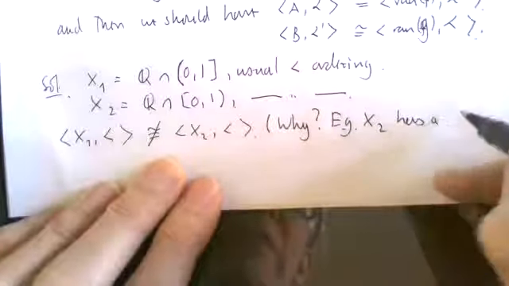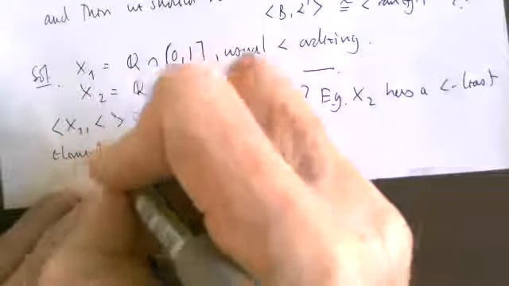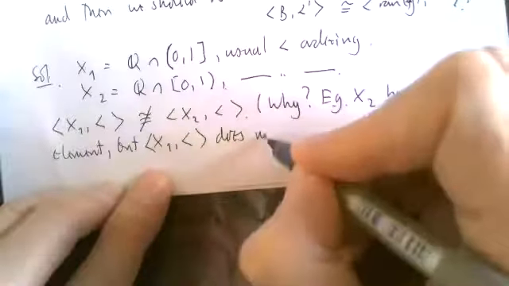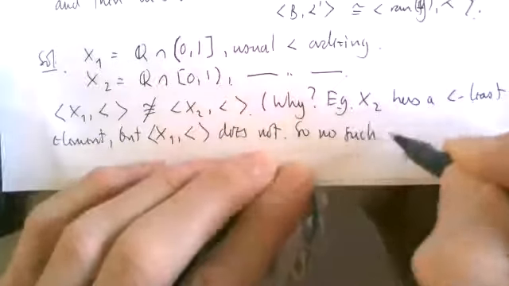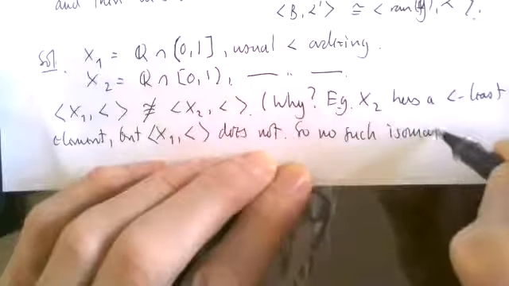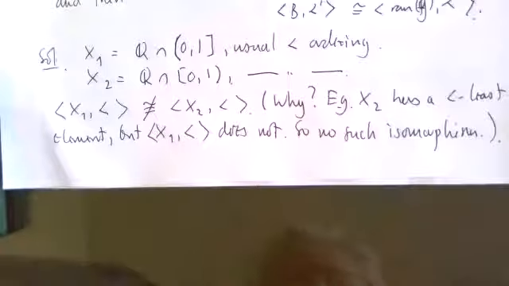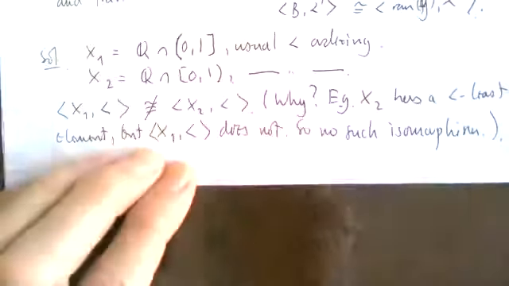X2 has a least element, but X1 does not. So there can be no such isomorphism. That justifies claiming that these two are not isomorphic.